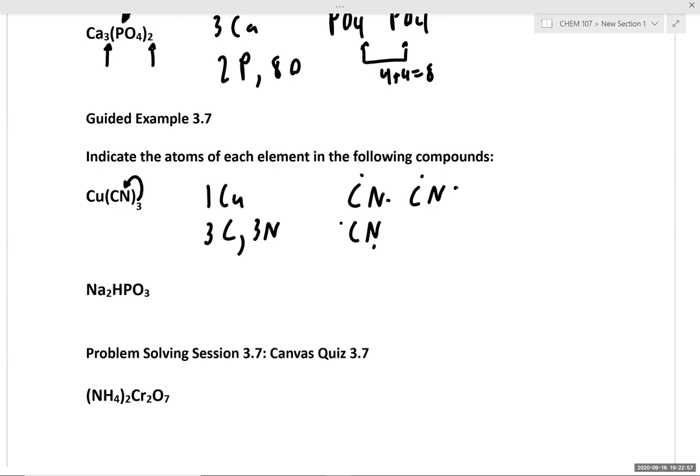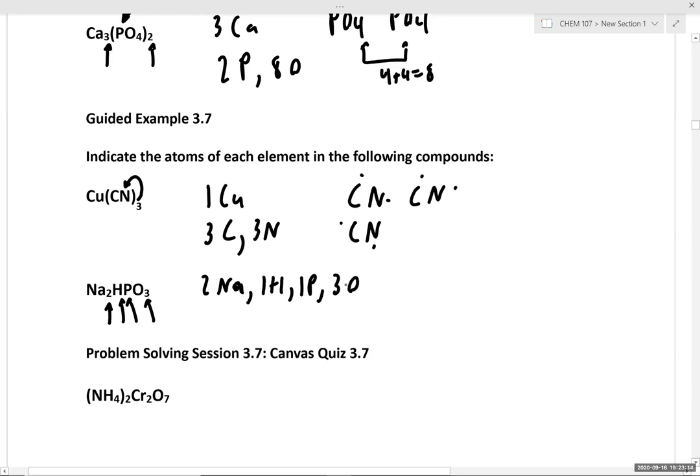Looking at this next example for sodium hydrogen phosphate, I have 2 sodium atoms, 1 hydrogen atom, 1 phosphorus atom, and 3 oxygen atoms. Perfect.